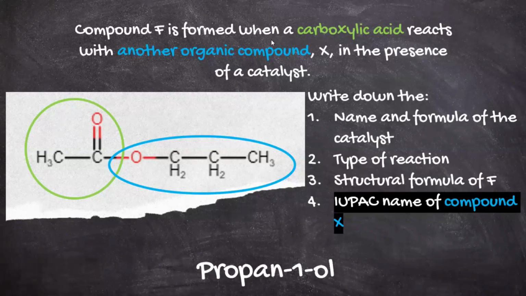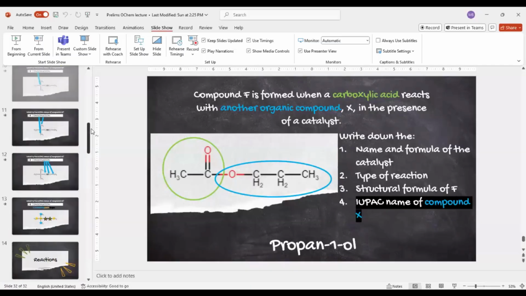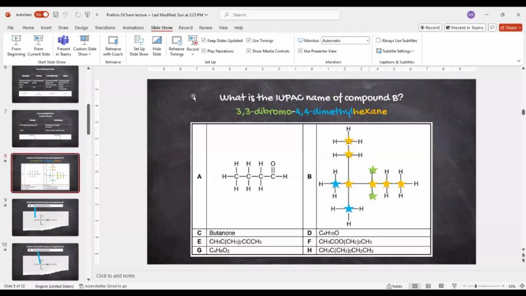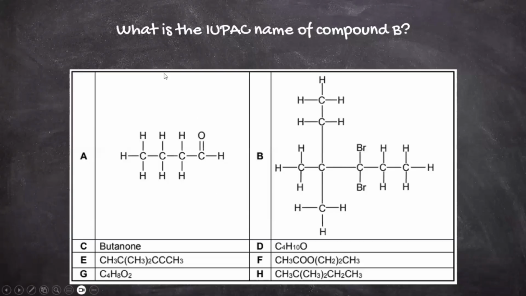Let me leave annotations. Here we go. And go back up to where I had this whole table. There we go. Take a screenshot of this slide and practice with these molecules. It's good practice.